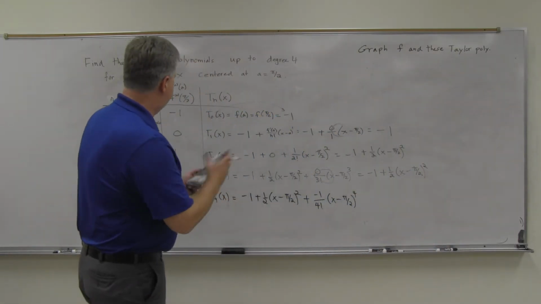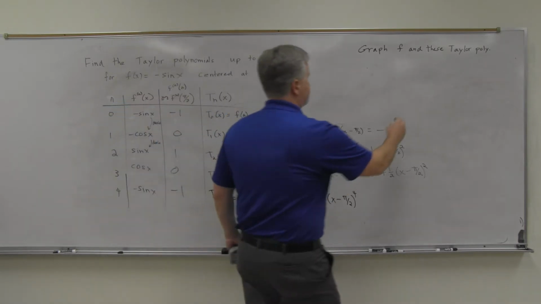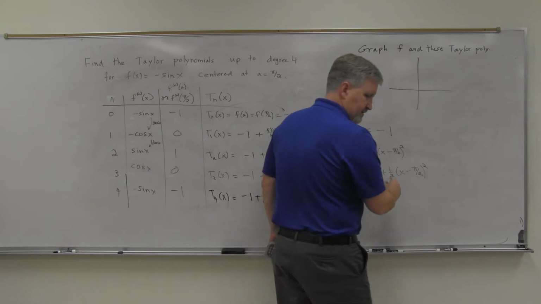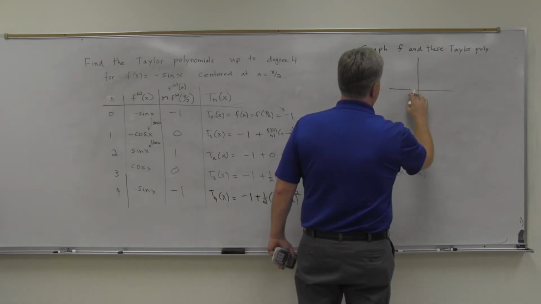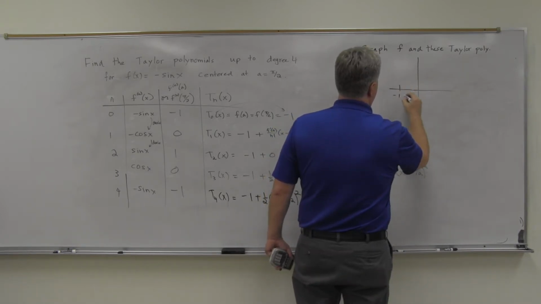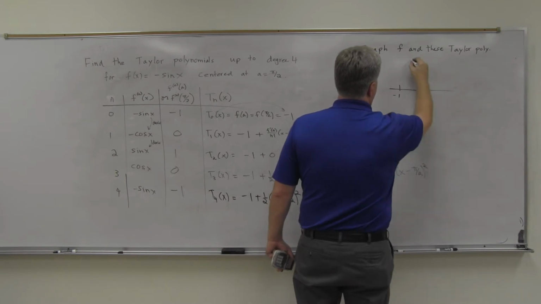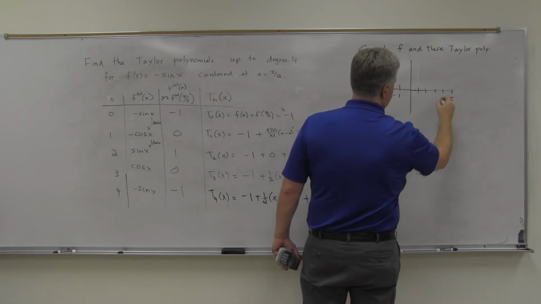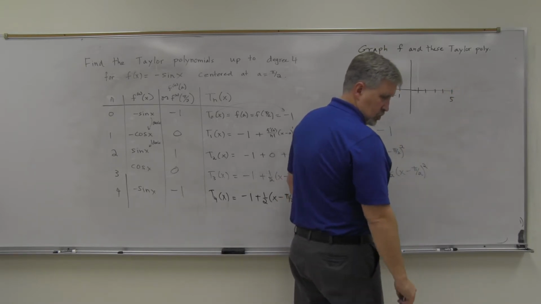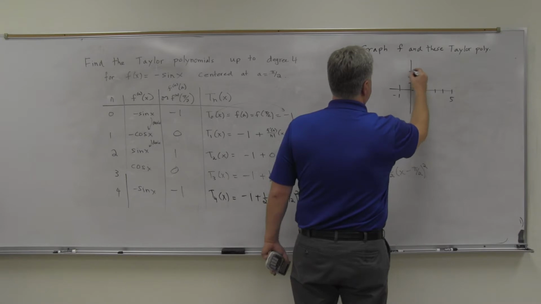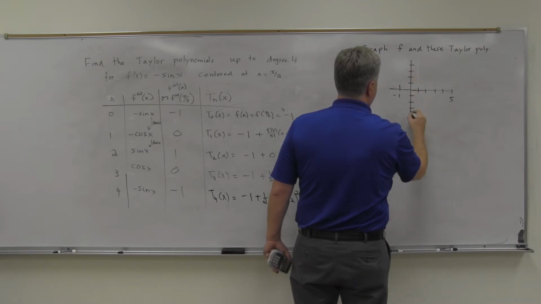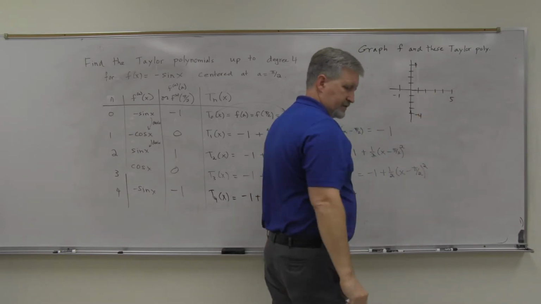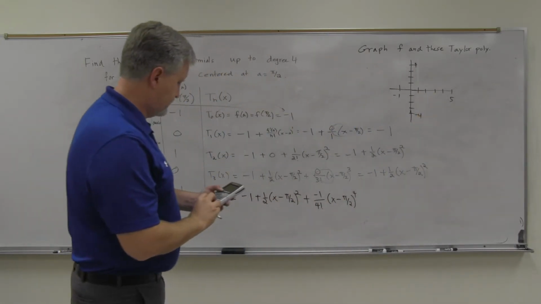All right, so f, of course, we got negative sine of x. We know what that looks like. Let's see, I'm going to look at it. Negative 1 to 5, and it's negative 4 to 4 window here.